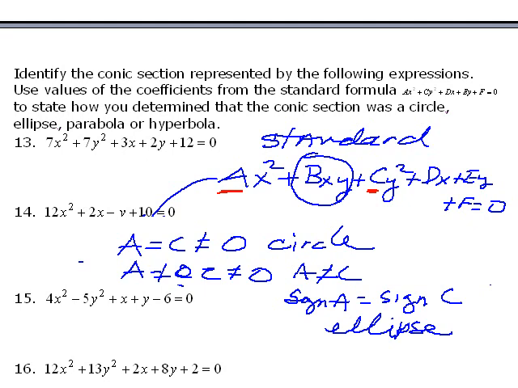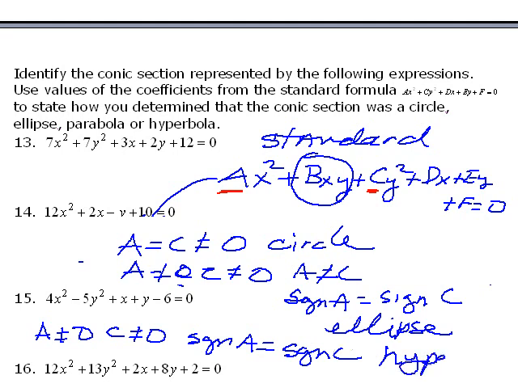So we have the same conditions again. If A is not 0 and C is not 0, but the signs are different, the sign of A is not equal to the sign of C, then you have a hyperbola.